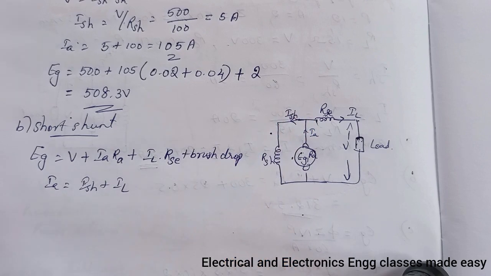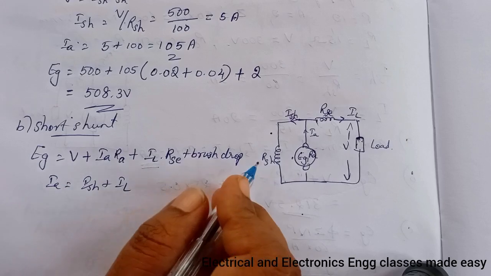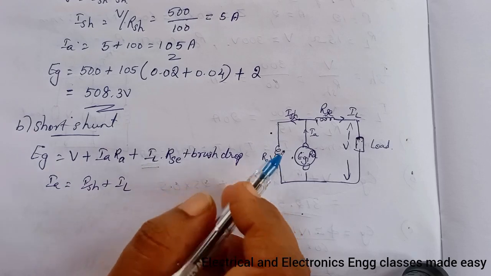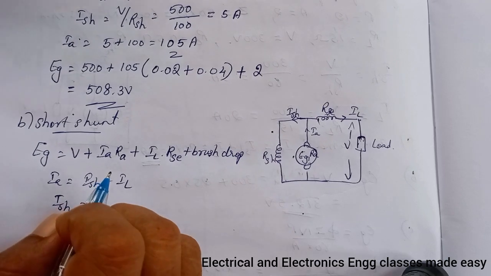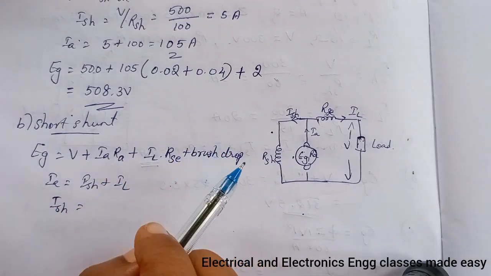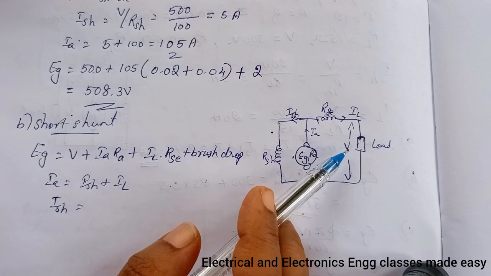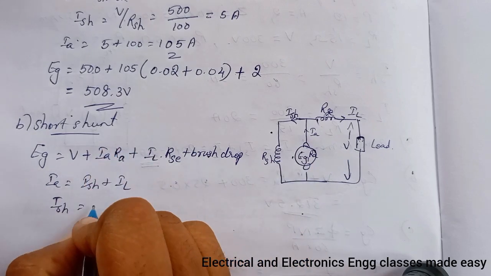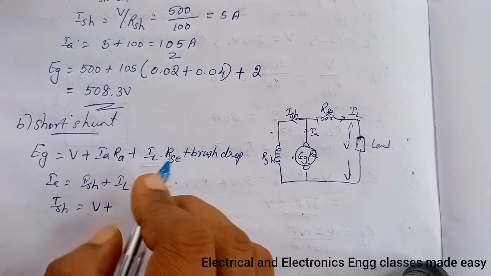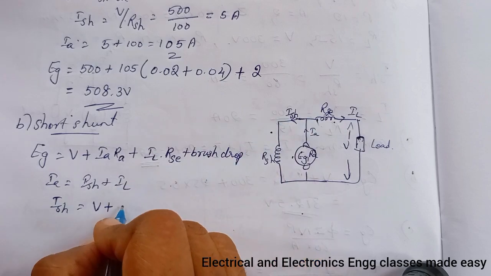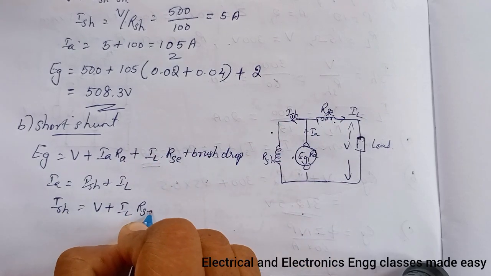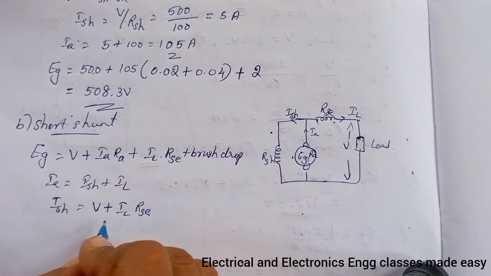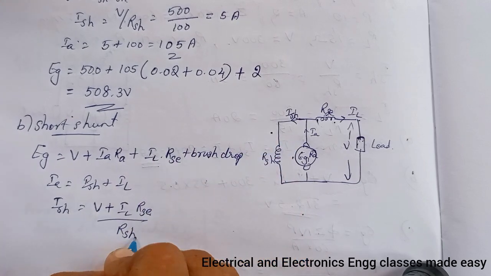So ISH is equal to V plus ISC into RSE, where ISC is the same as IL, so IL into RSE, divided by RSH.